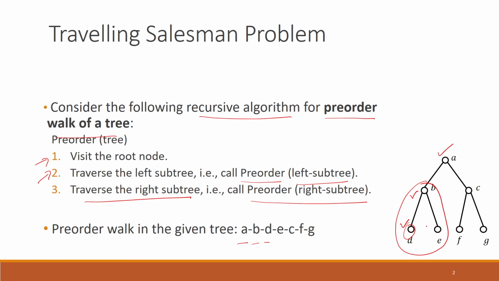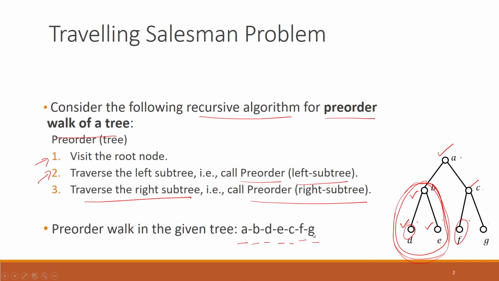And after that we will visit the right subtree of the tree that had B, D and E, and after that we will come out of this subtree and go to the subtree which consists of nodes C, F and G, and there the root node is node C. So, therefore, we have this here, and again it will call the left subtree, and therefore we will go to node F and then finally node G. You can see here that we first visited node A, then B, then D, E, C, F and G, and that is the order in which this is written.